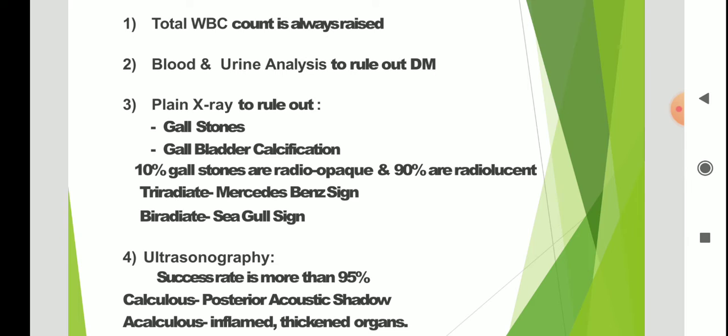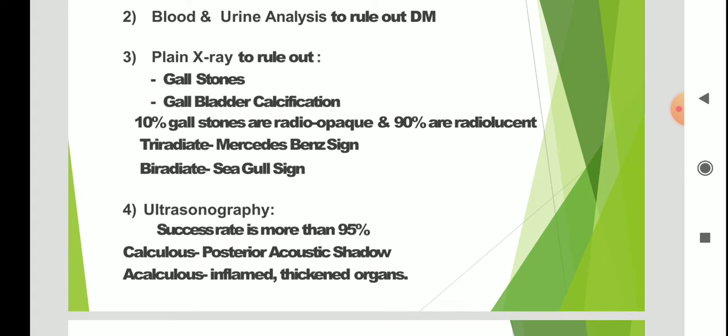What is this Mercedes-Benz sign? The triradiate presence of calcified areas in the gallbladder found on X-rays. That is Mercedes-Benz, just like that sign is visualized in these X-rays. The biradiate one is the Seagull sign. And ultrasonography has a success rate of more than 95%, so it is more of a radiological diagnosis.